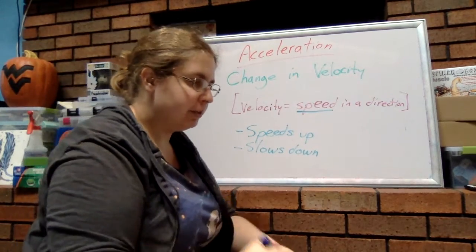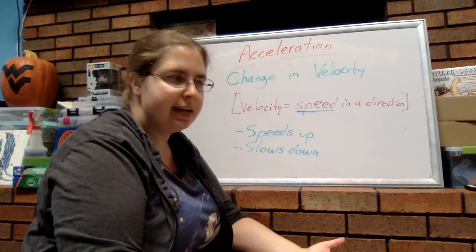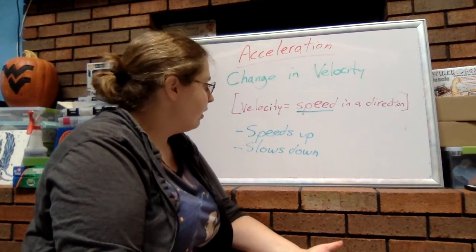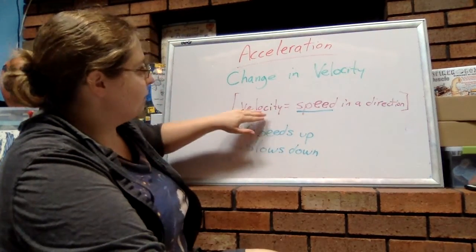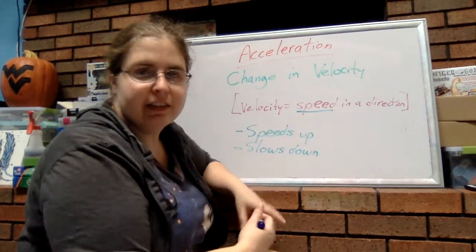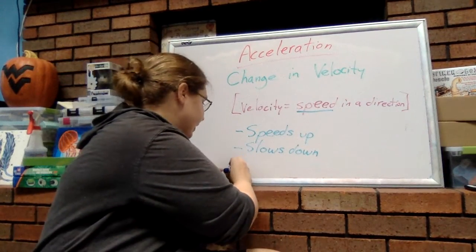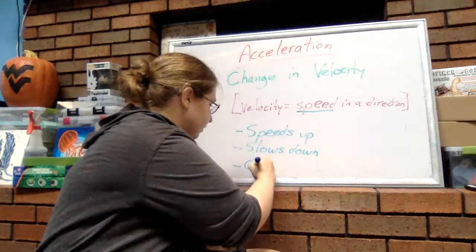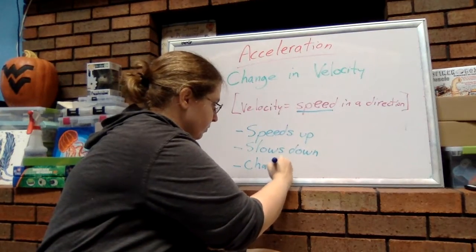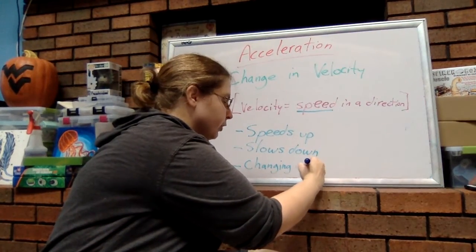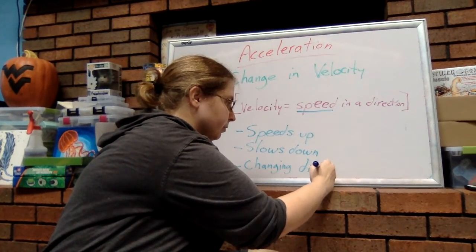Because whenever an object is speeding up or slowing down, it has to change its speed to do that. But also remember, velocity includes direction. So another way to look at acceleration is if there is a change in direction. Changing direction is a form of acceleration.